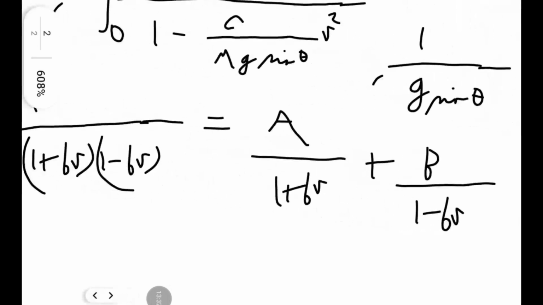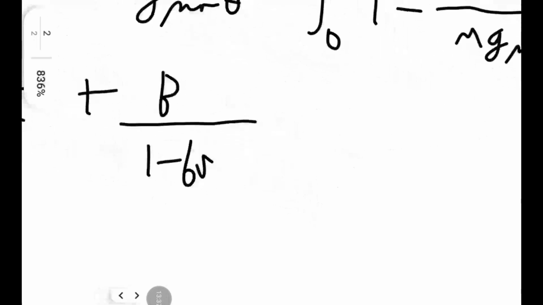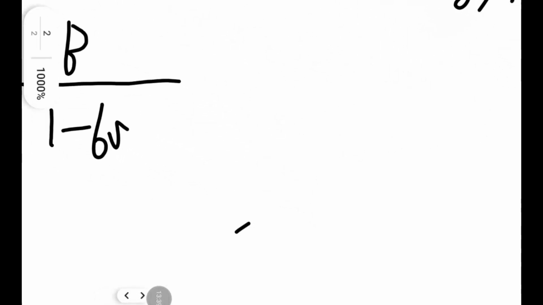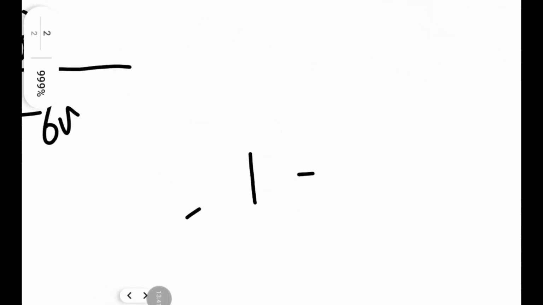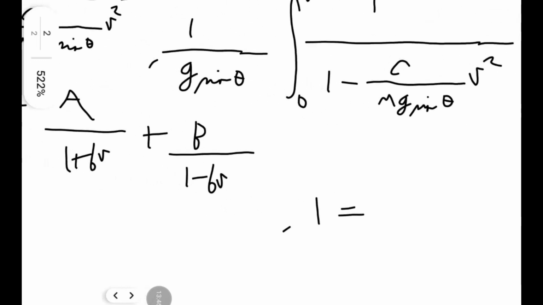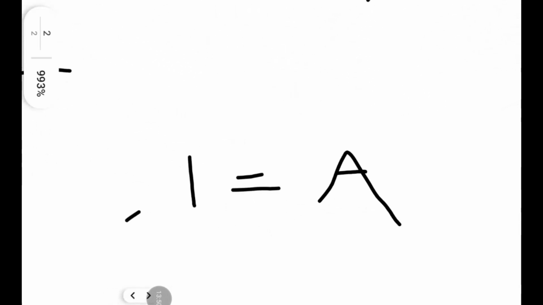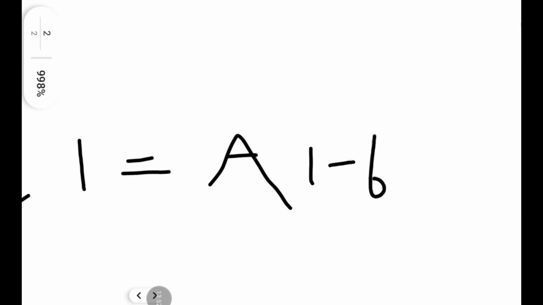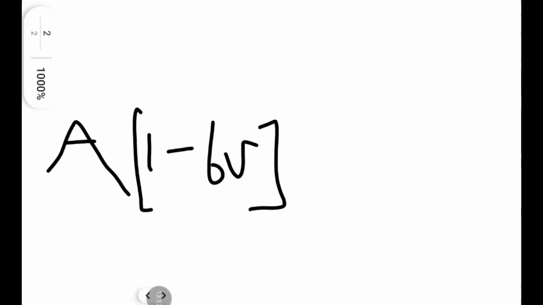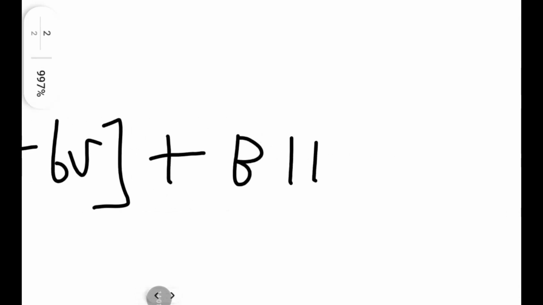So we've got it in this format. We're going to times everything by this part here to expand it out. When you times everything by that, you can do it yourself, but that's going to end up converting into 1 is equal to A times 1 minus bv, add B times 1 plus bv.